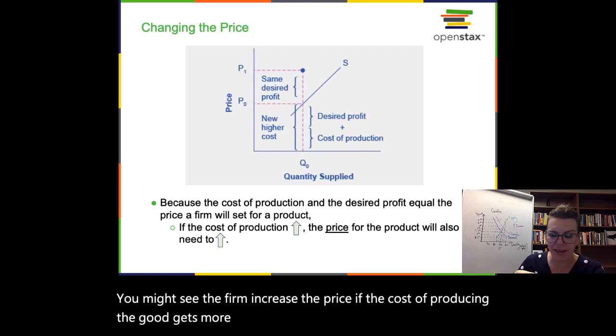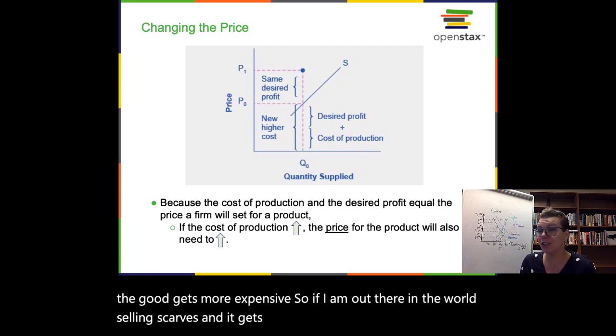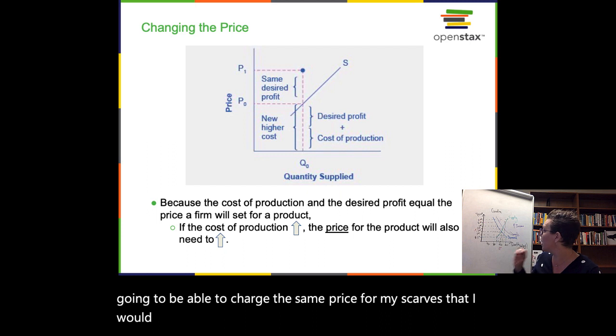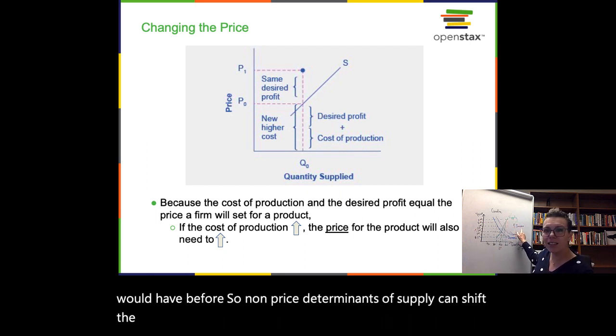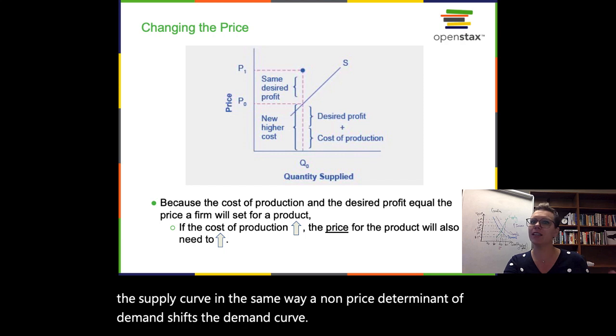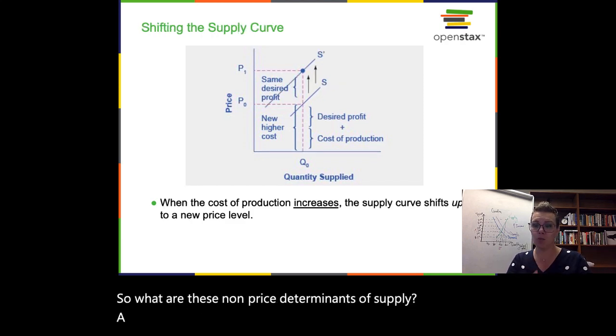So if I am out there in the world selling scarves and it gets more expensive to buy yarn, I'm not going to be able to charge the same price for my scarves that I would have before. So non-price determinants of supply can shift the supply curve in the same way that a non-price determinant of demand shifts the demand curve. So what are these non-price determinants of supply? A really, really simple common one is the cost of production.